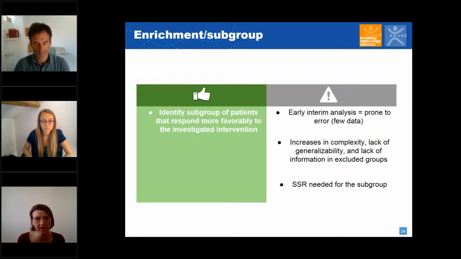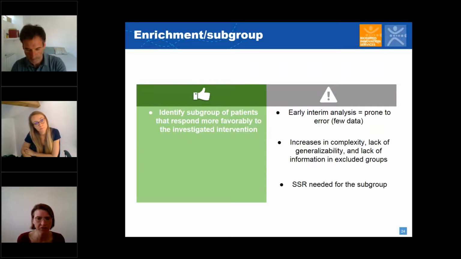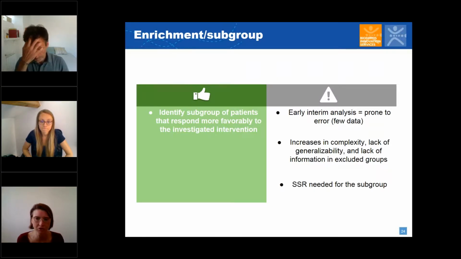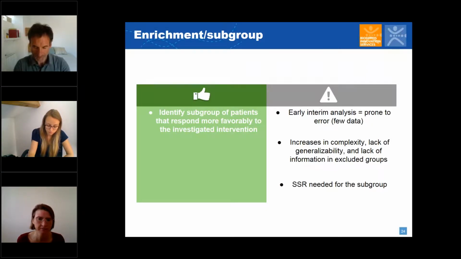However, we can point again to the uncertainty of early interim analysis, the increase in complexity, the lack of generalizability, and the risk of lack of information for excluded groups. In addition, the second stage needs to re-estimate the sample size for the subgroup of biomarker positive patients.